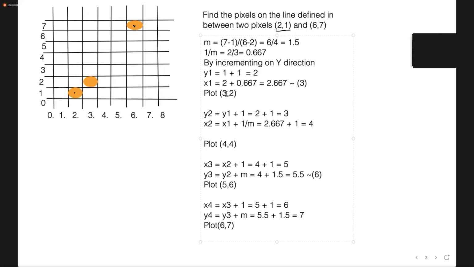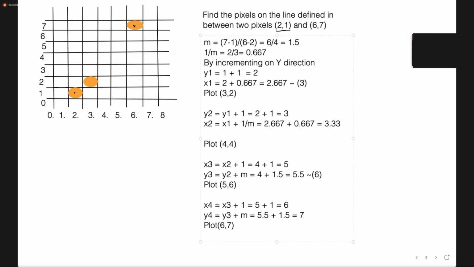2.667. Don't misunderstand. You don't have to take this rounded value. You have to take the real value, plus 0.667. Then it will become 3 point something. 3.33.